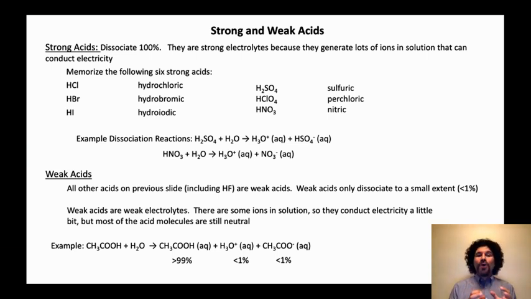It generates a small amount, much less than 1%, of H3O plus and a small amount of CH3COO minus. And you will calculate in second semester exactly how much H3O plus is generated in this reaction. And from that, you would actually be able to calculate what the pH of a solution containing acetic acid is. So that's coming up in second semester.